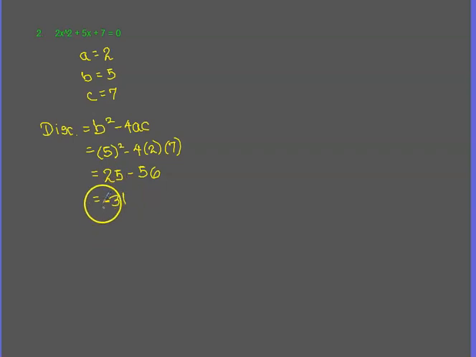So since this is negative, remember the rules of the discriminant. If it's less than 0, that means you should expect to see two imaginary numbers or solutions. So from here, I'm going to use the quadratic formula to solve. So it would be negative b. B would be 5.